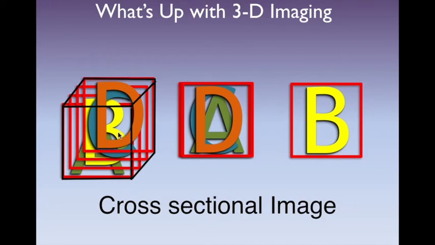Again, this slide represents our three-dimensional object corresponding to the two-dimensional overlapping image of our plain film radiographs. What 3D imaging does is allow us to get a cross-section of that 3D image and see it as a slice of the entire image itself.